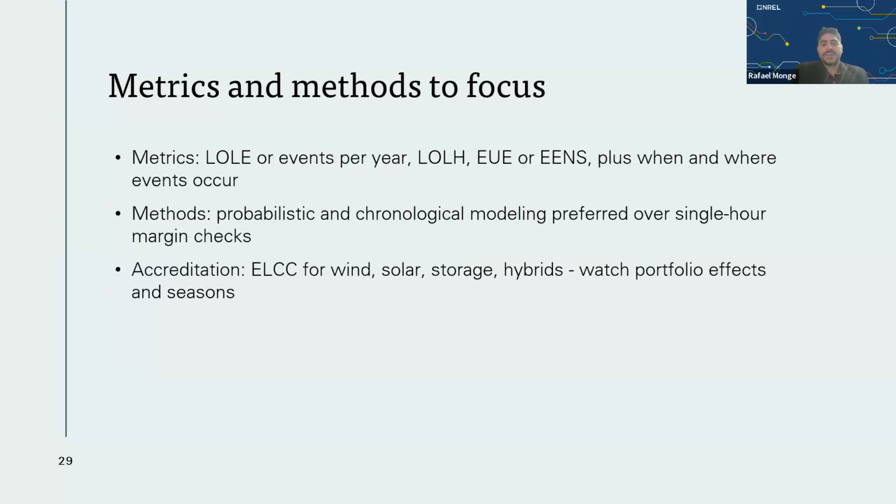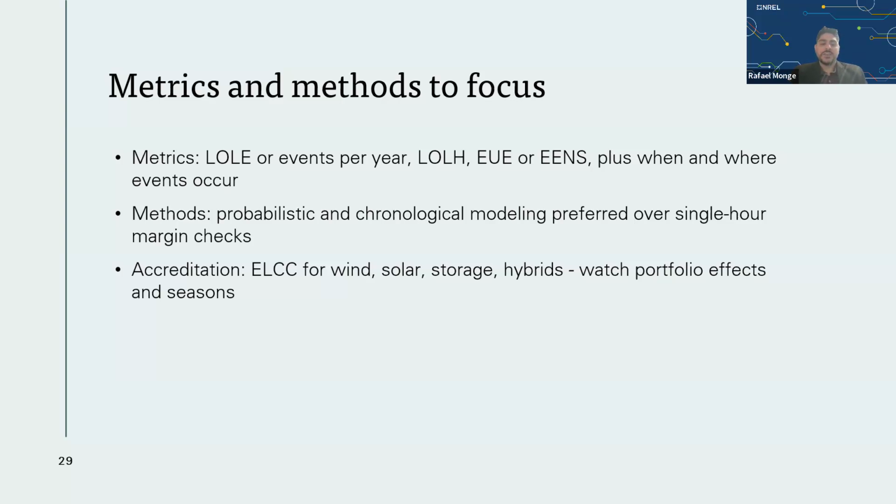Now, metrics. Each metric answers a different question. Loss of load expectation shows how often shortfalls are expected to occur in days per year. Loss of load hours shows how long they last in hours per year.